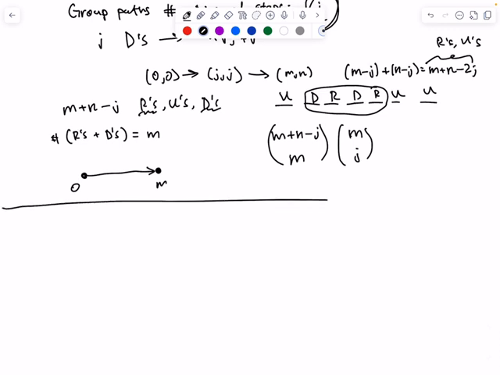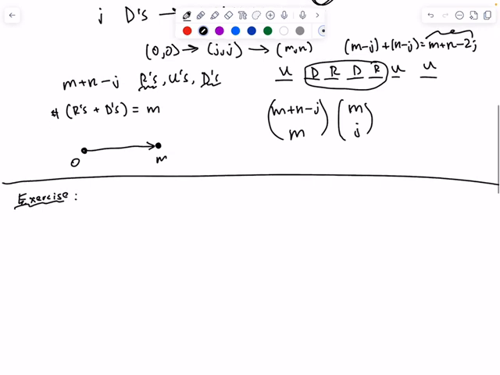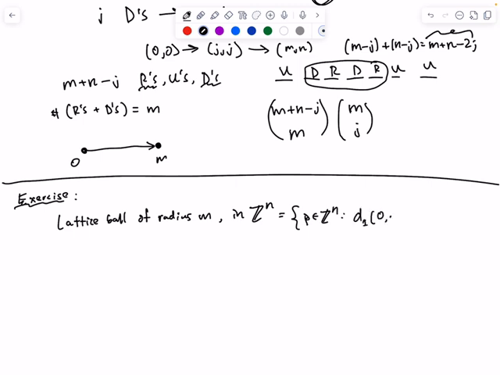And now let me give you an exercise to think about. This is a non-trivial exercise, so do not feel bad if you cannot get it, but it's just something to think about if you're bored. We define a lattice ball of radius m in Z^n to be the set of all points P in Z^n such that the taxicab distance from the origin to P is at most m.